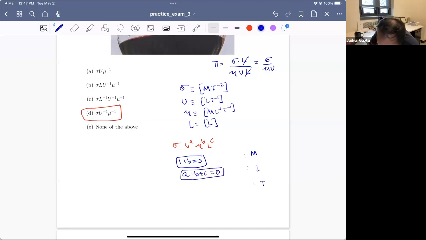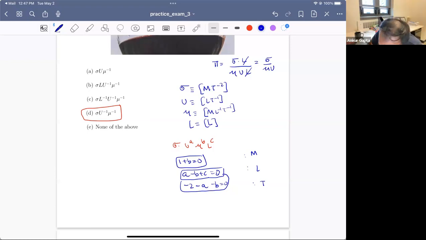And then we have time, and time is also in 3. So it's minus 2 minus A minus B is equal to 0. Okay, so I've just taken the exponents, and then let's now solve this.